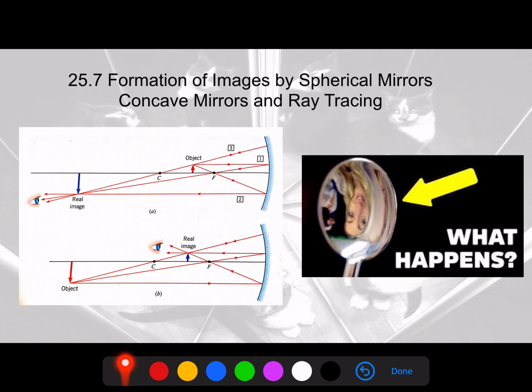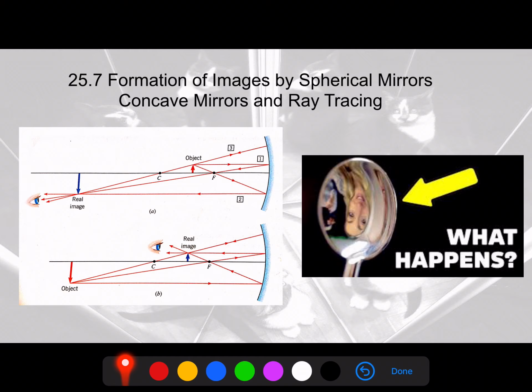And then I could imagine taking that object instead and placing it further away. And if I go through the same exercise, I'd encourage you to go through steps 1, 2, and 3 on your own and conclude that the image that is formed, again, is upside down with respect to the original object, but it is now smaller than the original object was.